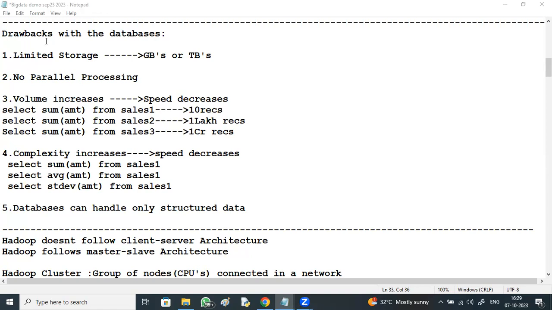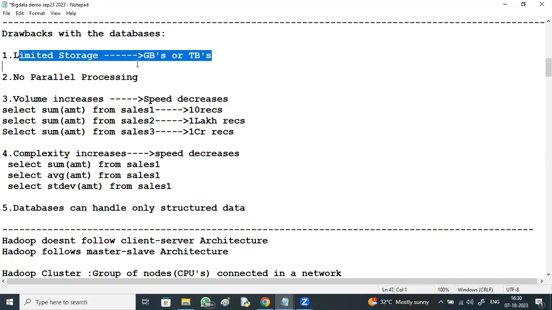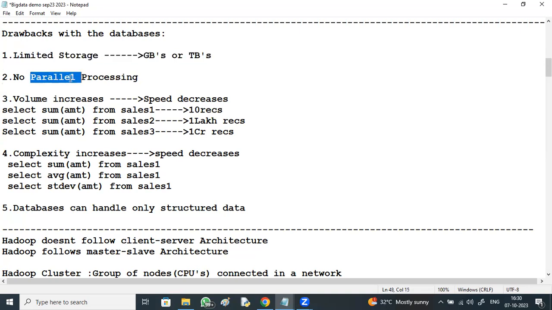Okay. The drawbacks with most of the databases: limited storage, in GBs or TBs, and no parallel processing.